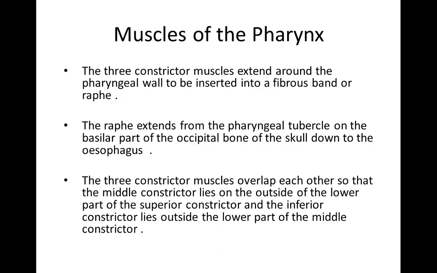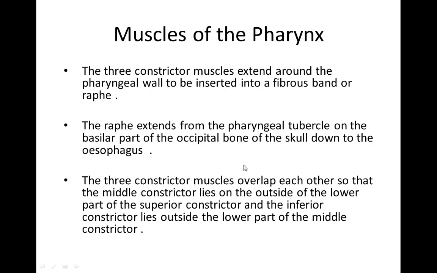Muscles of the pharynx. The 3 constrictor muscles extend around the pharyngeal wall to be inserted into a fibrous band or raphe. So the raphe is a fibrous band that extends above at the base of the skull, attached to the pharyngeal tubercle on the basilar part of the occipital bone of the skull, down to the esophagus.